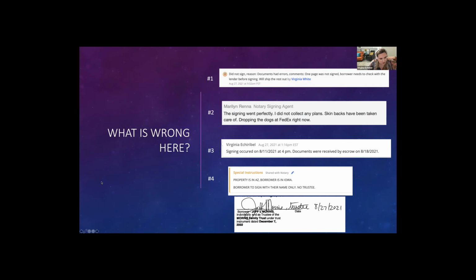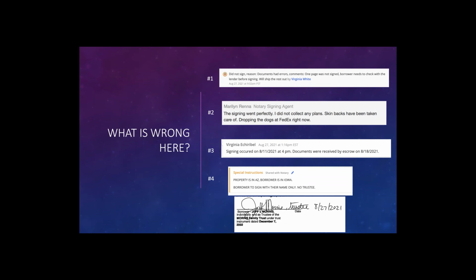All right. Let's do Special Case Blessed, please. Hi, this is Karen Singleton. Hi. So on number 1, he said that the borrower didn't sign and the documents had errors.